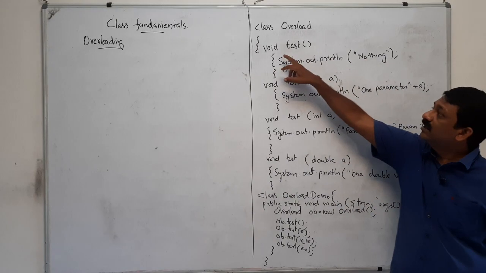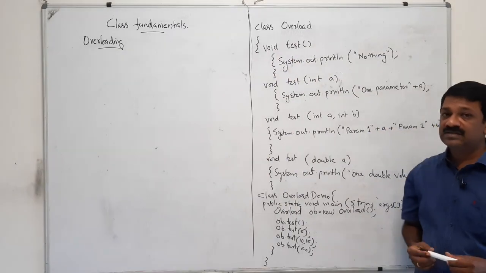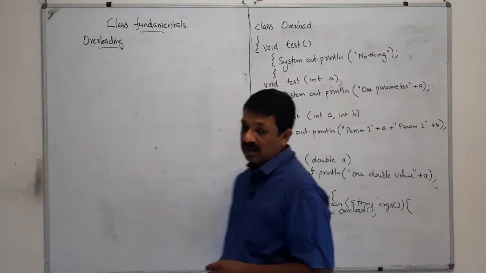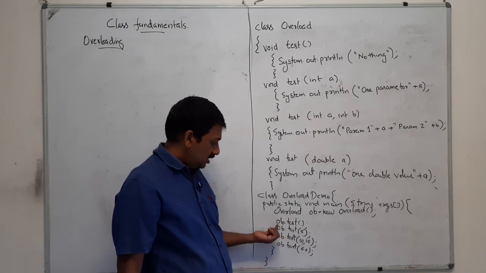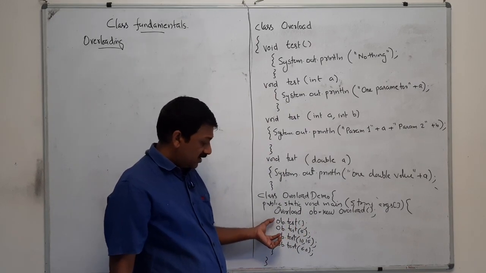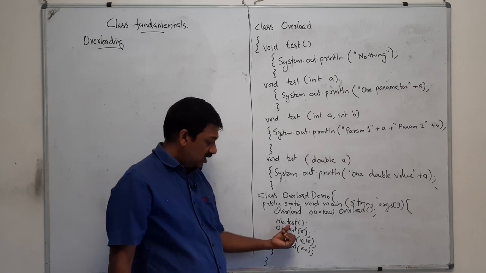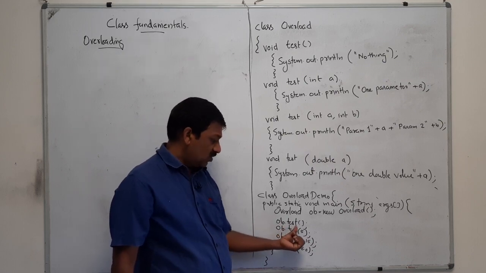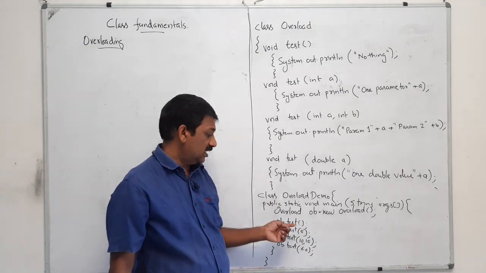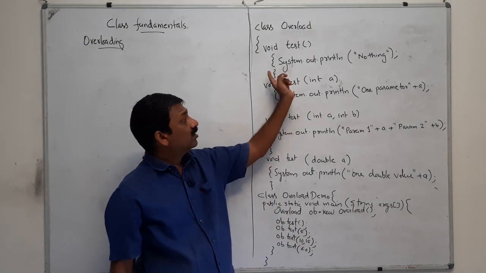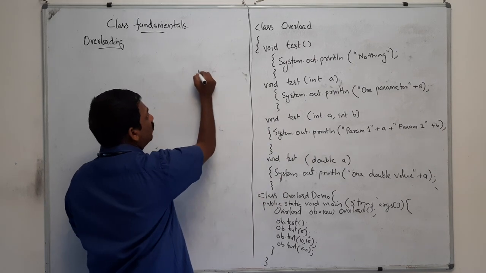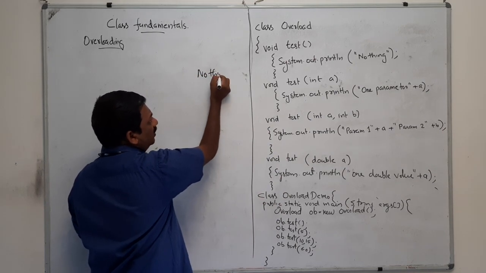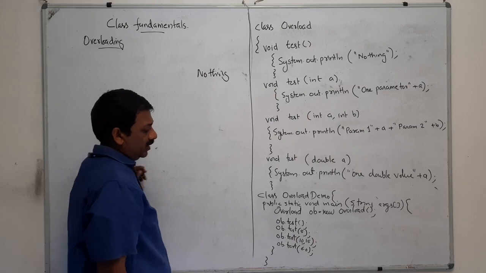Here void test is the method signature. When we are calling this, the Java runtime knows test is called with no parameters, and it will execute this one. It will print nothing. Okay.